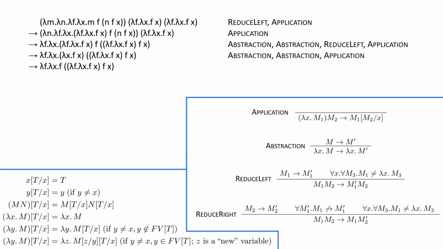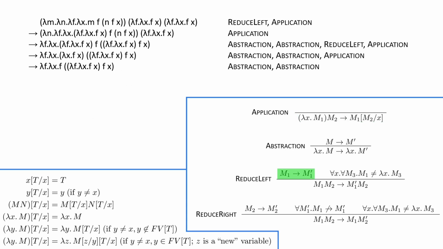We're not quite done yet. Once again, matching the abstraction rule twice, we need to decide if this body can be reduced. This is an application in which the rator is a variable and the rand is an application. The application rule doesn't match because the rator is not an abstraction.